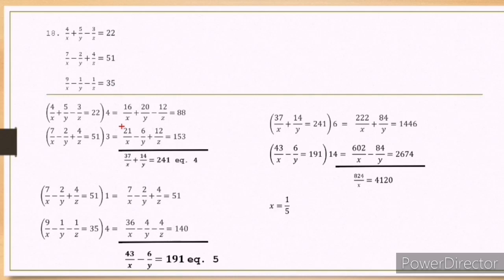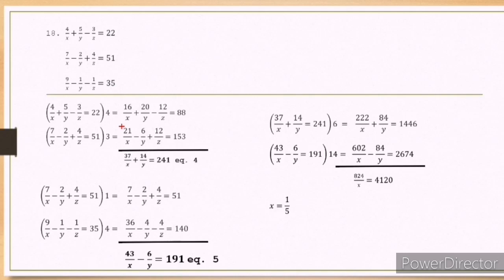Number 18: 4 over x plus 5 over y minus 3 over z is equal to 22. 7 over x minus 2 over y plus 4 over z is equal to 51. 9 over x minus 1 over y minus 1 over z is equal to 35.